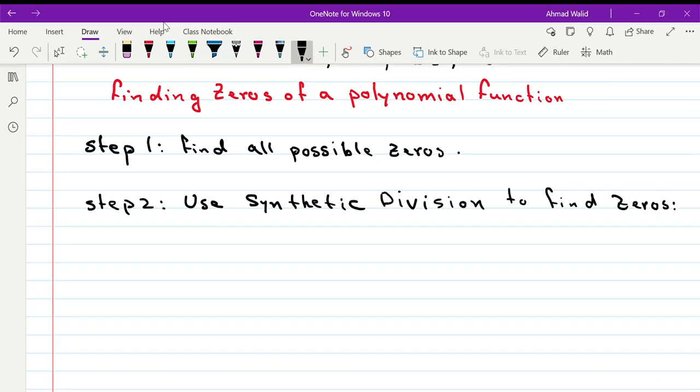Remember, there was a theory that we studied before, the remainder theorem. If the remainder of a polynomial function after you divide becomes zero, that number is actually a zero of the polynomial function.